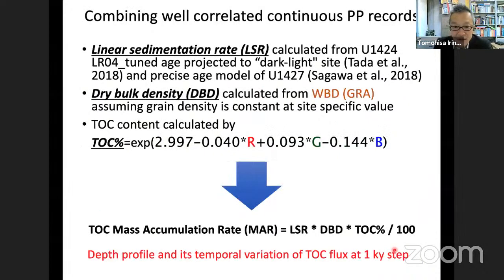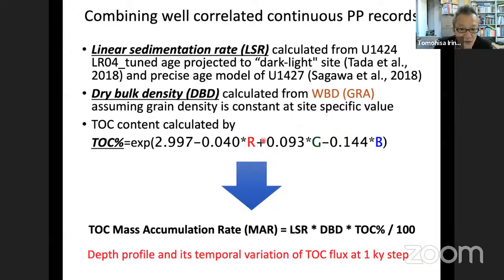And the linear sedimentation rate is already calculated for each site using the age model established in the U1424, tuned to the LR04. And the bulk density is calculated using the GRA data, which is equivalent to the wet bulk density, assuming the same grain density, the average grain density for each site.